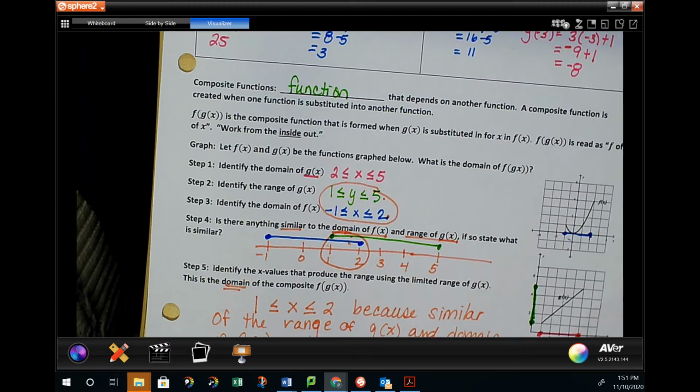So basically, that's where they're going to be similar.